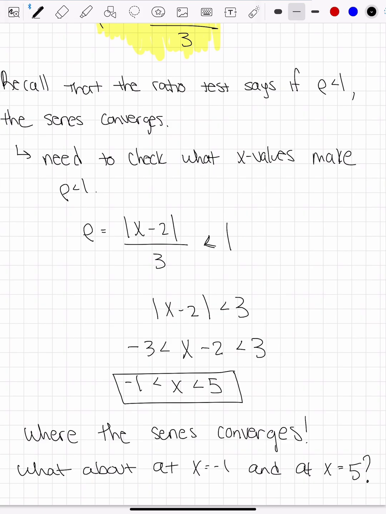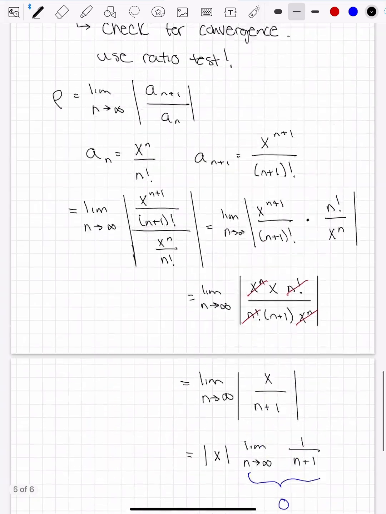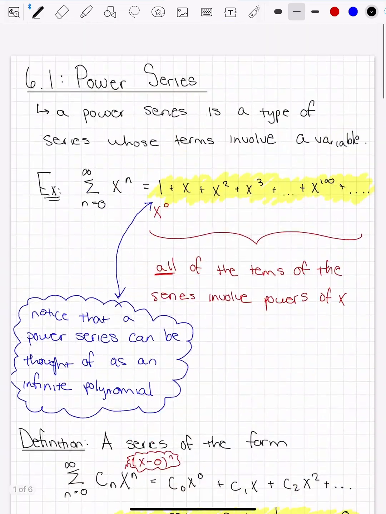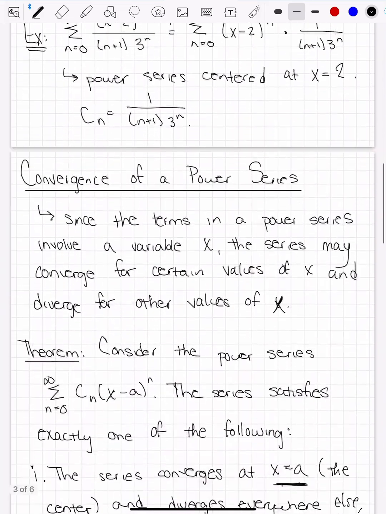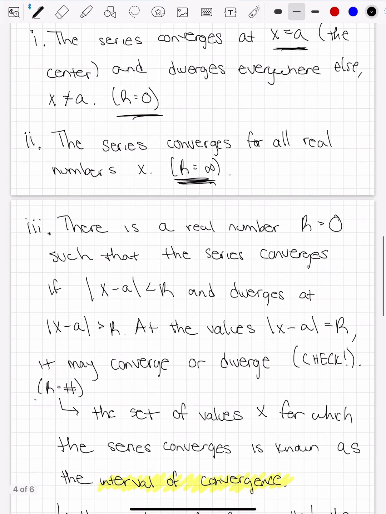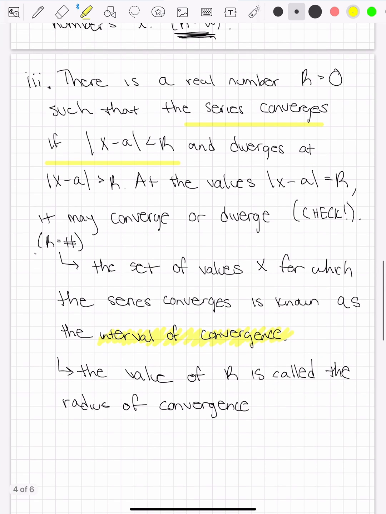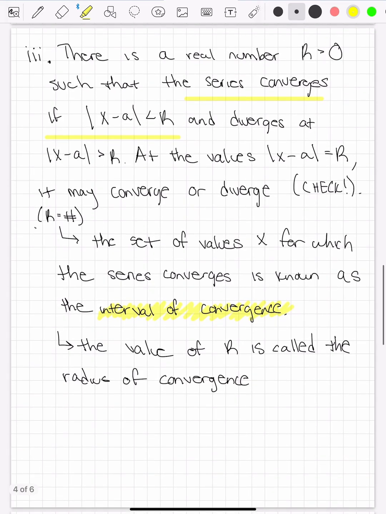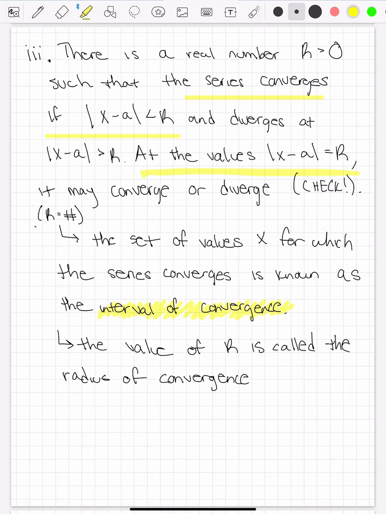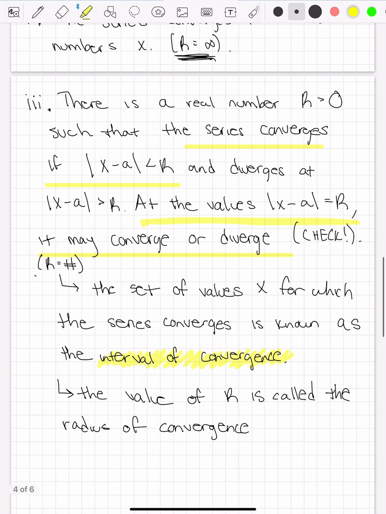So remember that we have to check this, because when we stated the power series statement, we said that the series converges if the absolute value of x minus a is less than R, and when it's equal to R, it may converge or diverge. So we have to check that. It doesn't give us a guarantee.